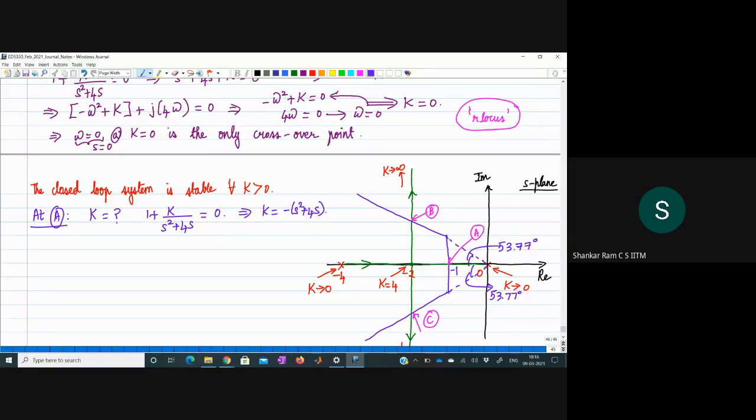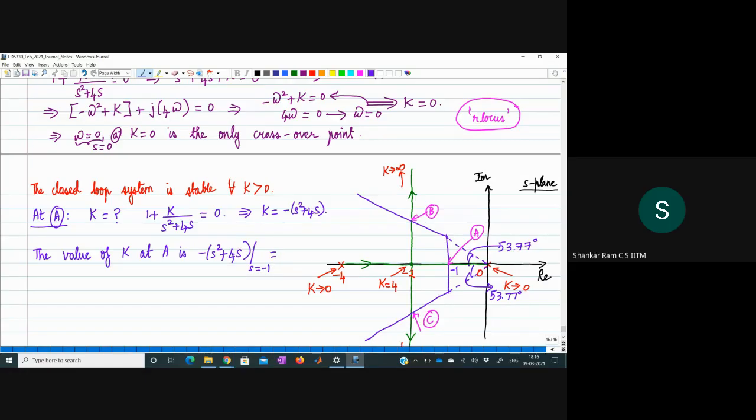Now, how do we get the value of k at point A? What is the value of s at point A?